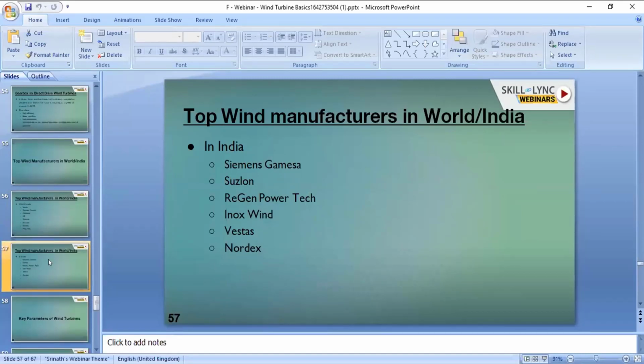In India, we have Siemens Gamesa. Second is Suzlon. Third is Regen Powertech. Then Inox Wind. Then Vestas, Nordex. Of course, Siemens Gamesa, Vestas and Nordex, even though they are from other parts like Germany, have set up manufacturing plants in India.